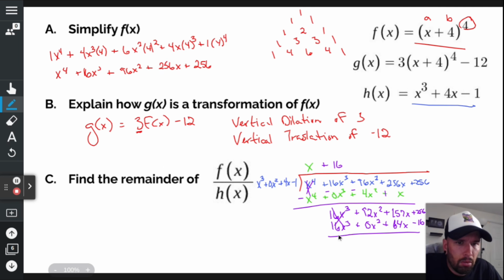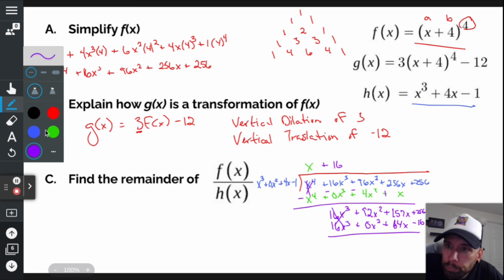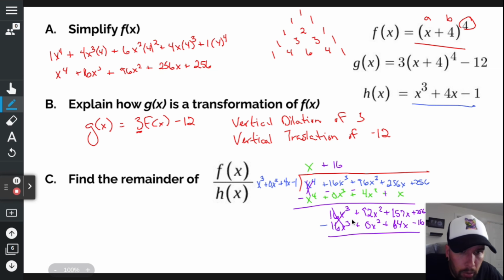Cross you out. So 96x squared. Oh, flip the signs. Don't want to make that mistake. 96 plus or minus nothing is just 96x squared. I think it's 97.